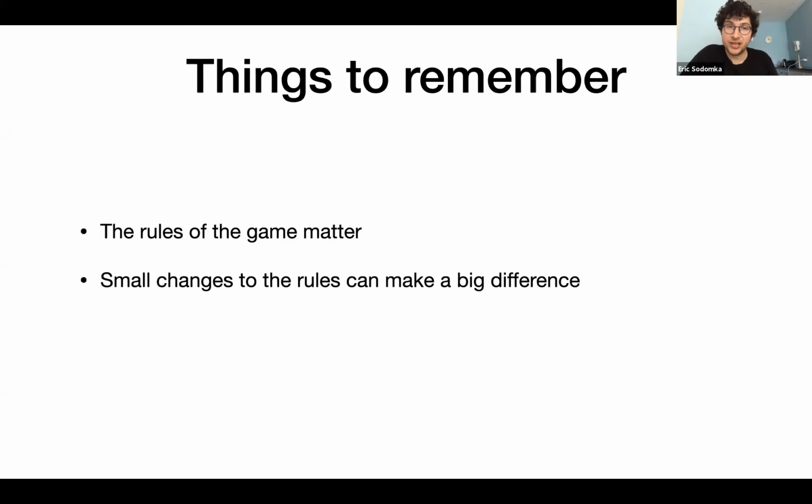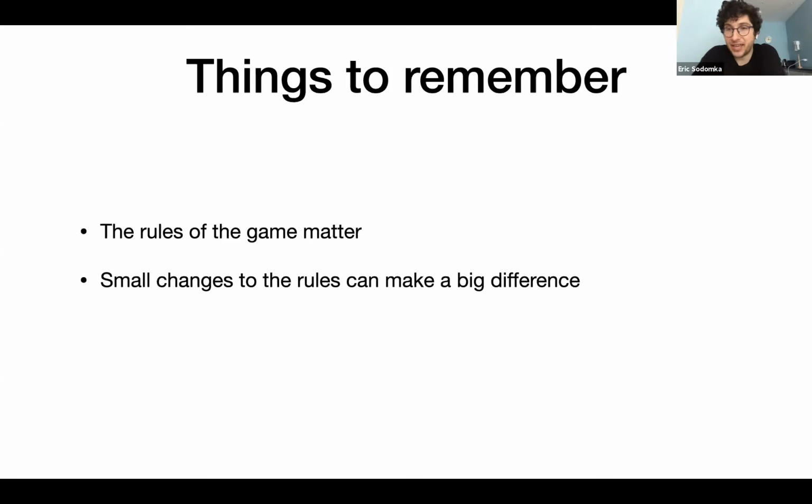That small change to the rules went from a mechanism where it's in your best interest to truthfully report to one where you have to strategize and reason about what you think others are going to do and what you should do given that. And it's hard to reason about that.